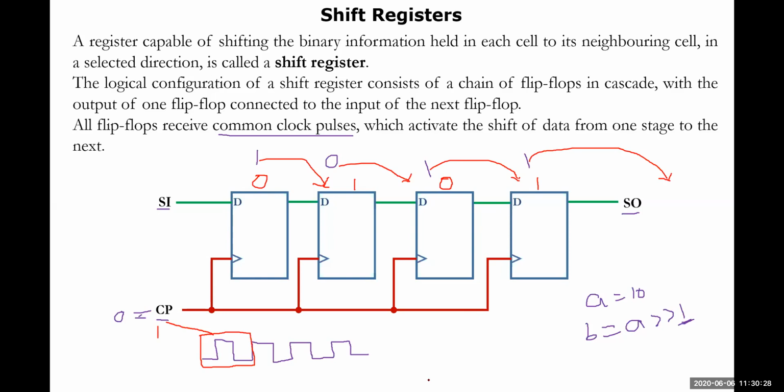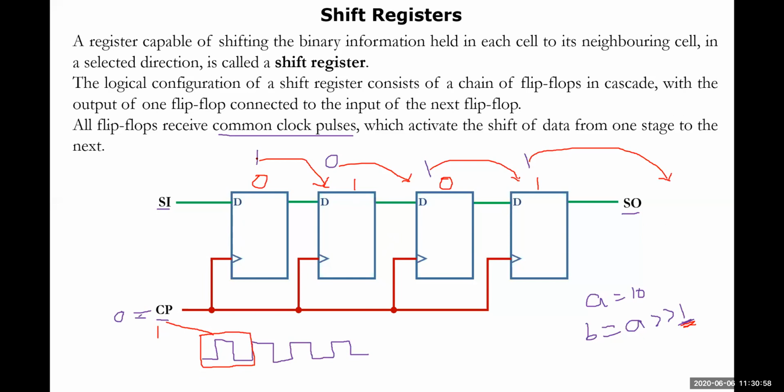Now you are expected to shift for only one time, so for 1 clock pulse, the CP will be equal to 0. As and when CP is equal to 0, the shift operation takes place. After 1 unit of time, CP becomes 1, 0 again. If the clock is not there with the D flip-flops, obviously you cannot operate any flip-flop here.